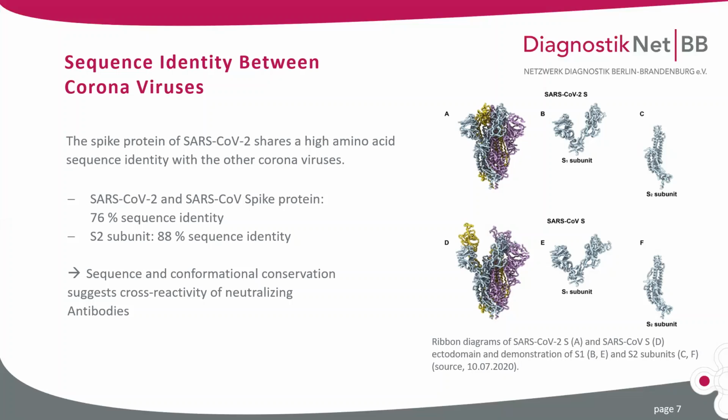Therefore, sequence and conformational conservation suggests in the end a cross-reactivity of neutralizing antibodies. So there is good and bad in the same thing. Usually you assume that if you have a similarity, you've had one of those diseases, not SARS-CoV, but let's say one of the lower pathogenic coronaviruses, that the antibodies you build against those may help you in neutralizing and coping with the new infection with the SARS-CoV-2.